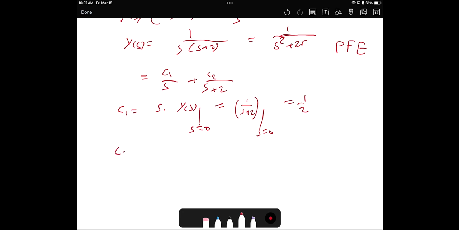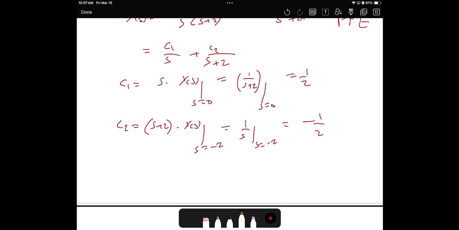Then to find c2, it is s plus 2 times y of s, and substitute when s goes to negative 2. So it's going to be 1 over s, because s plus 2 cancel each other. When s equals negative 2, then it will be negative 1 half.